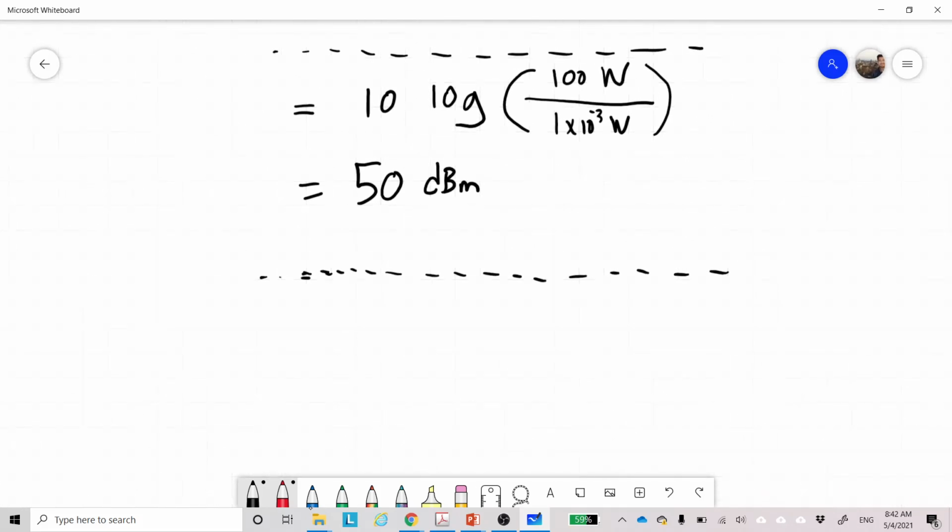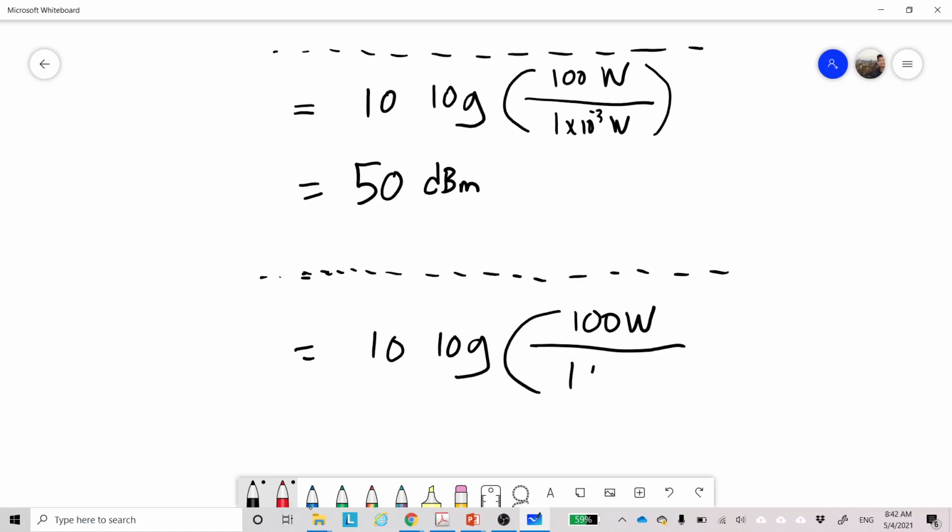So 10 log of 100 watt divided by 1 microwatt. 100 divided by 1 micro, and then 10 log. So you get 80 dB micro. Very easy, simple.